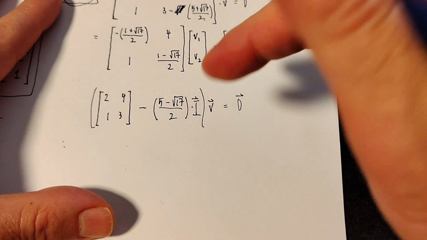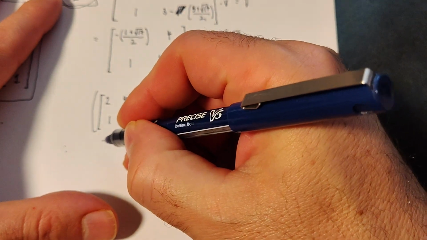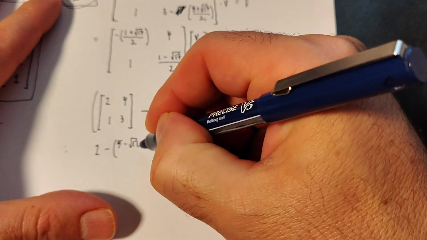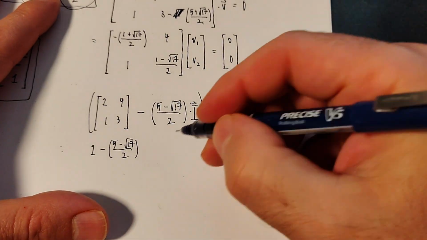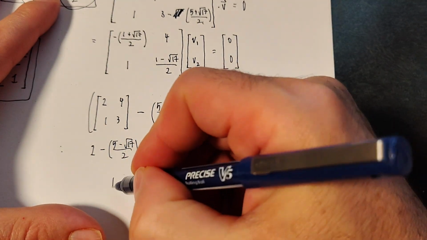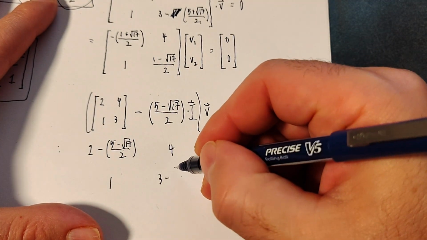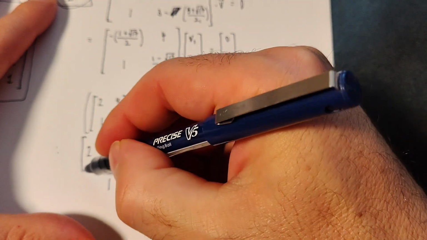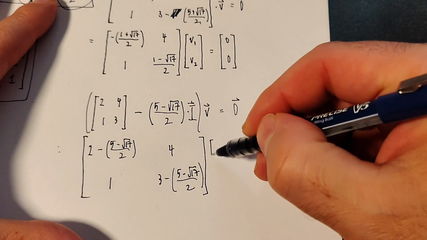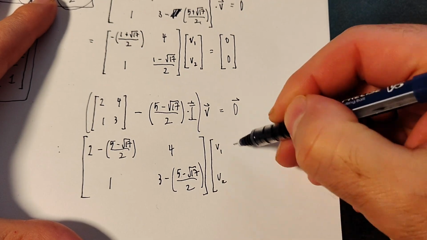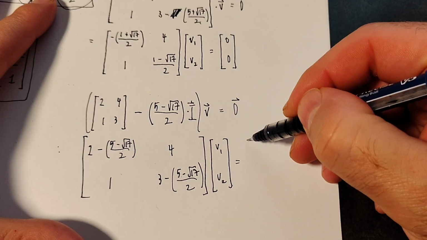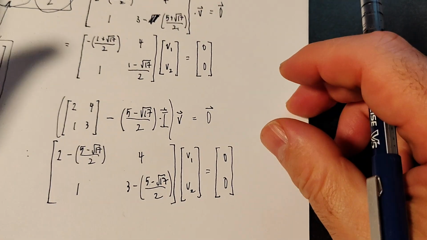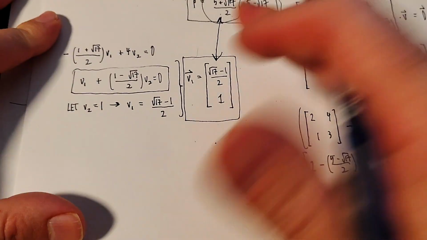So let's go ahead and simplify this out. Again, we're going to have 2 minus 5 minus root 17 over 2 and 4, and then 1, and then 3 minus 5 minus root 17 over 2. It's going to be this matrix times V1, V2 equals 0 and 0. Okay. Let me do this over here.